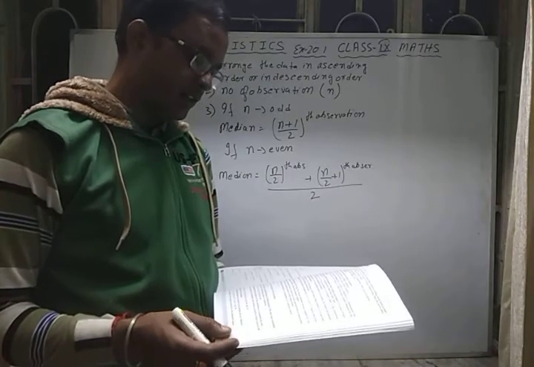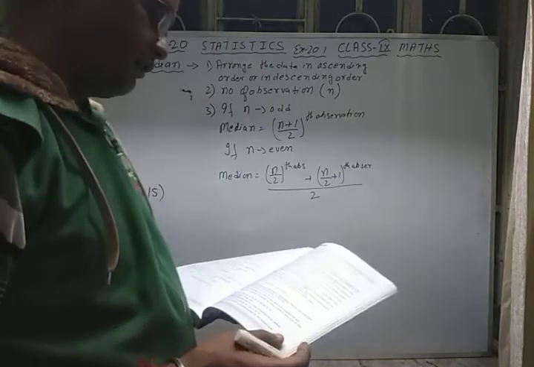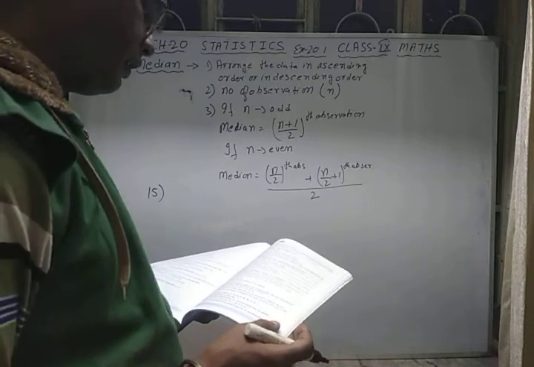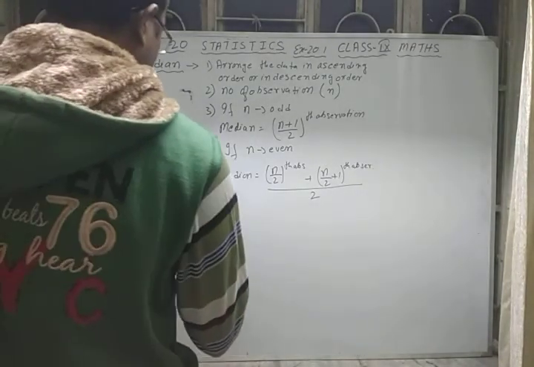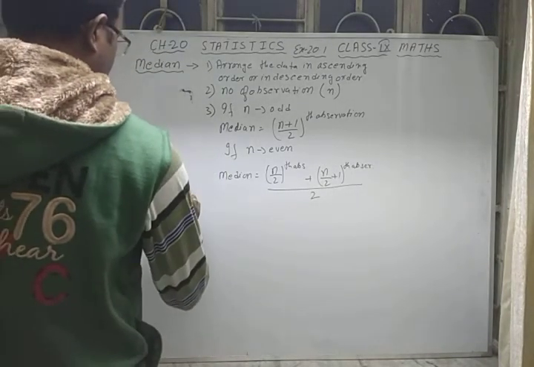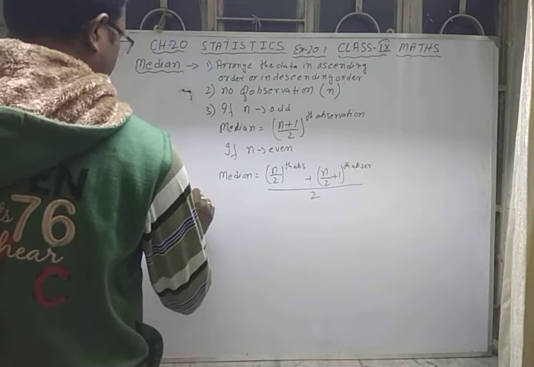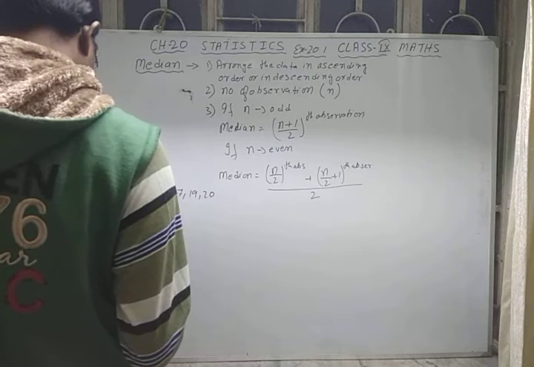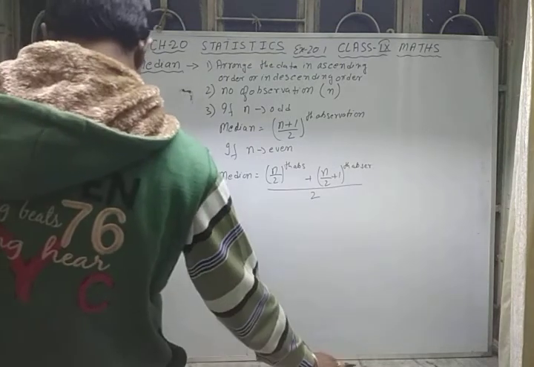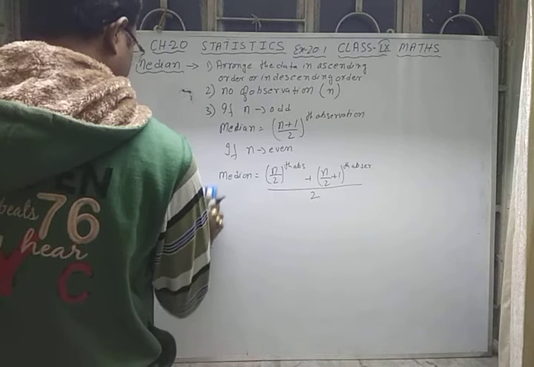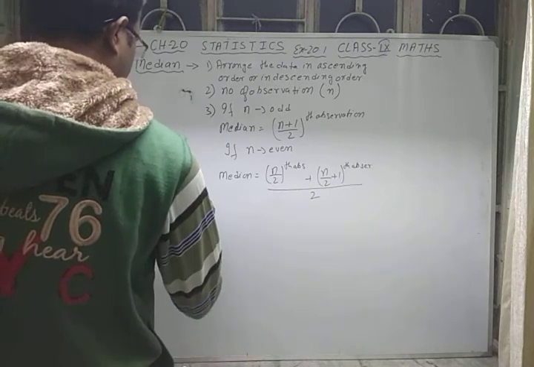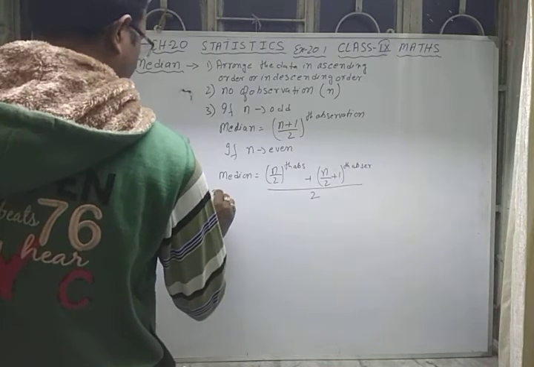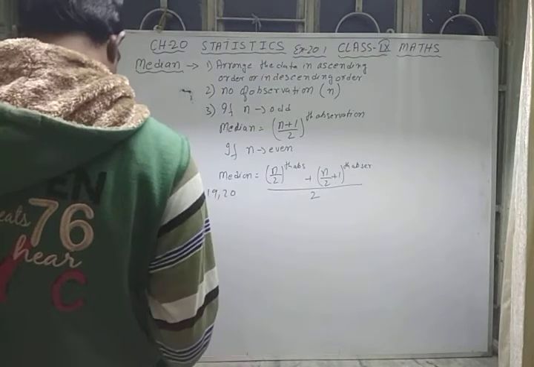The lowest term here is 17, after that 19, and then 20. So after arranging the data, first one is 17, then 19, then 20. After 20, 18 is also there. I missed it, so be careful while writing this. 17, 18, 19, 20.